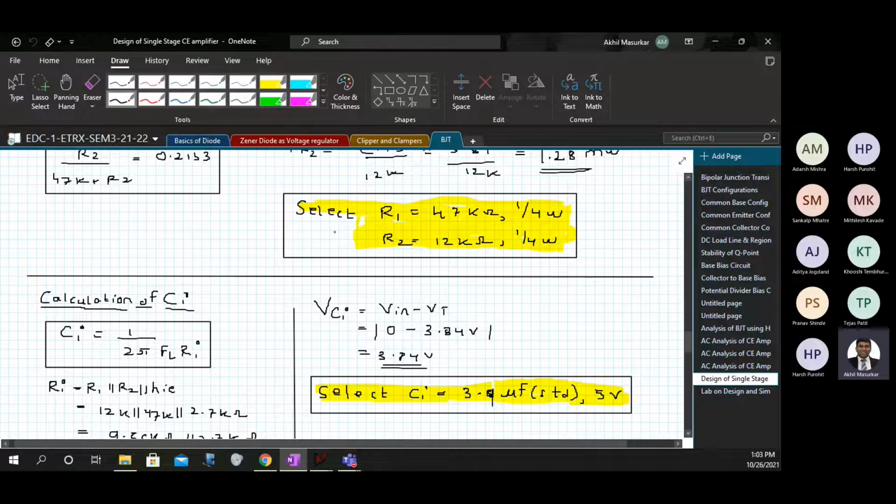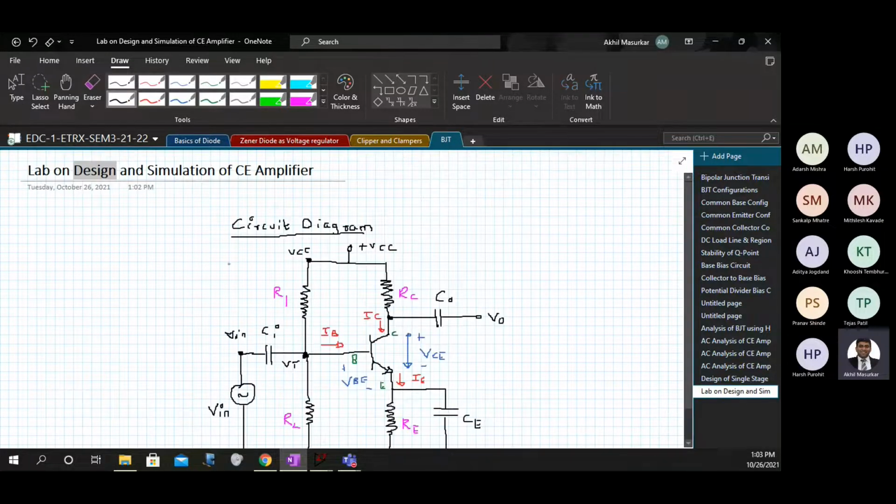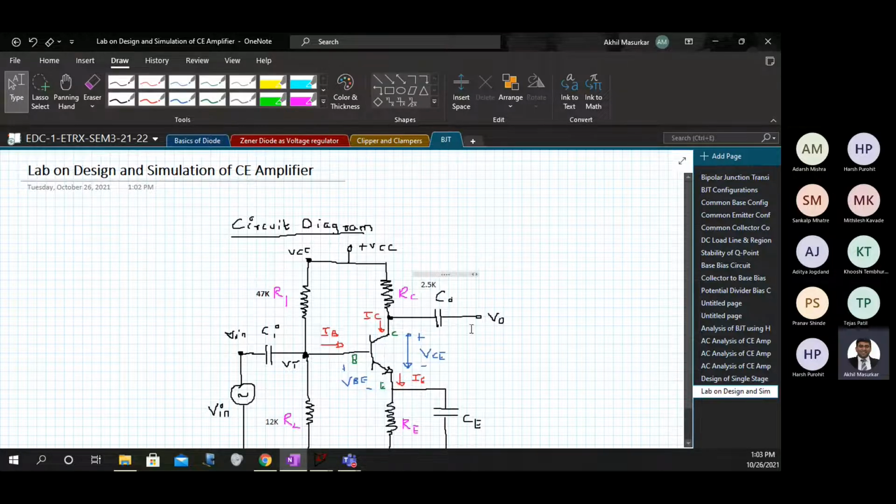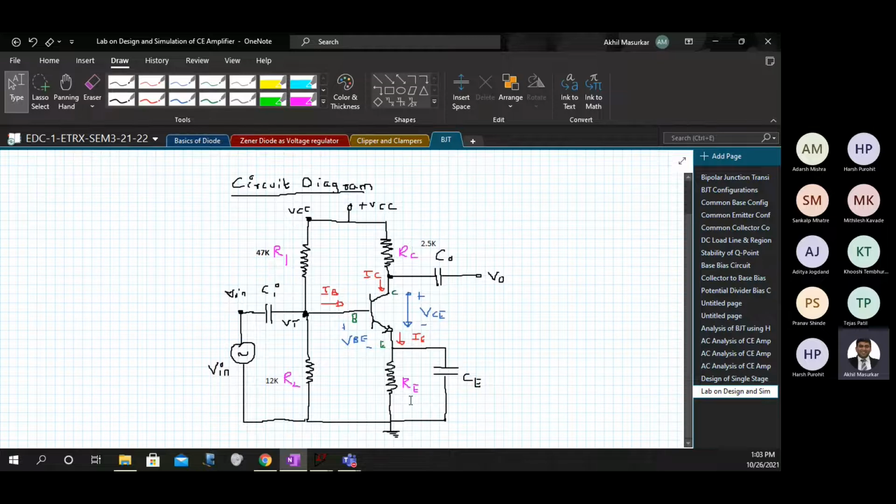So we can just write it down here. So R1, then R2, then RC, and RE.